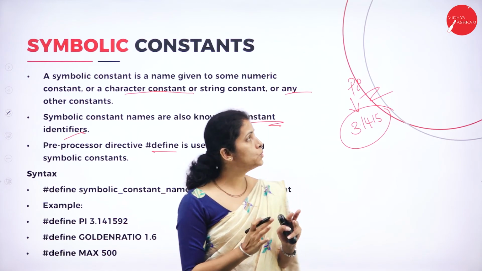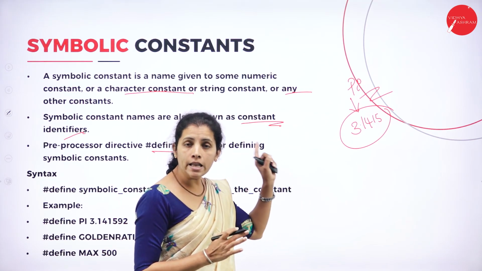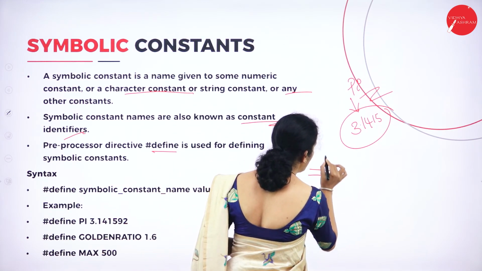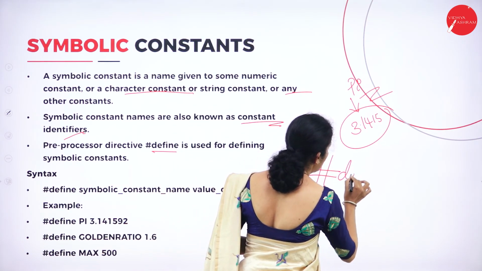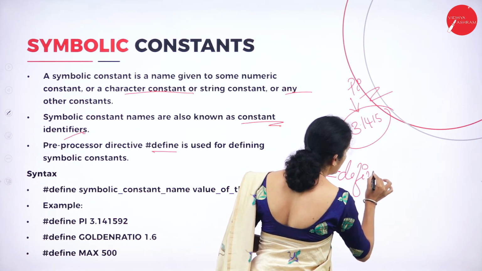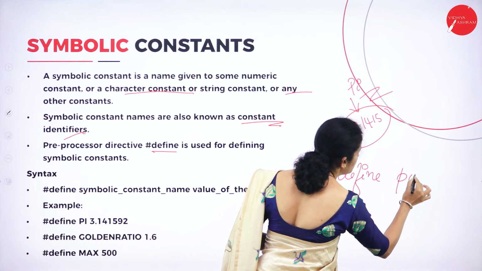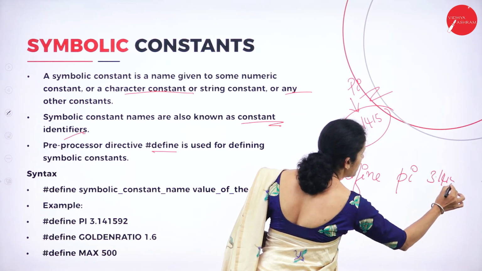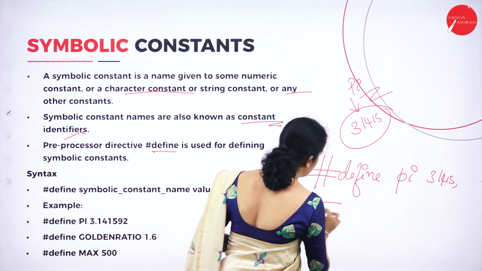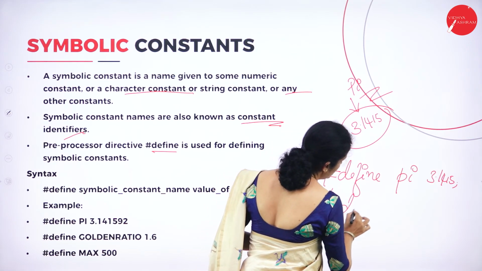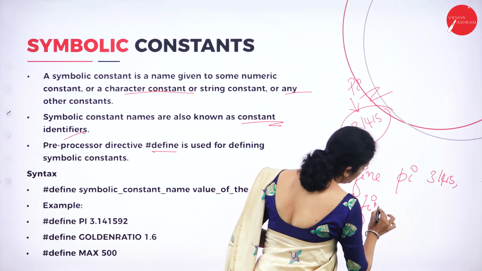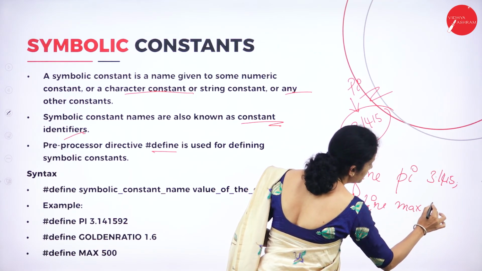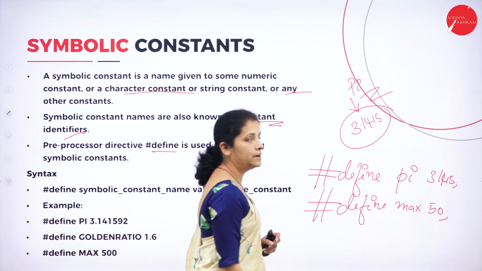Suppose I want to declare a symbolic constant, then I make use of the hash define directive and I specify pi 3.1415. Once again, hash define max 50. So these are the examples.